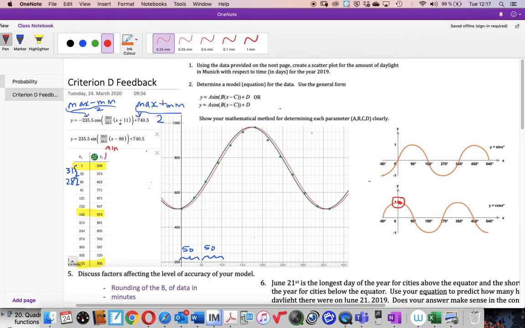Okay, now what's up with the 11? Well, they told you that your longest day, maybe you remember, maybe you knew this already, was June 21st, okay? What was this date? Well, this right here, this is our June. June was 152.